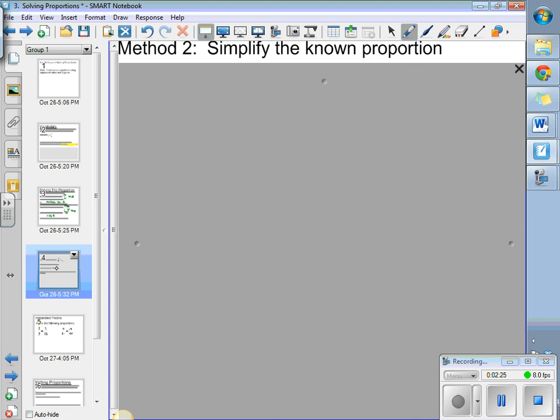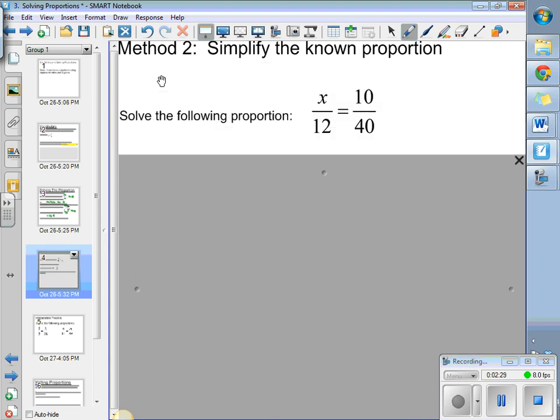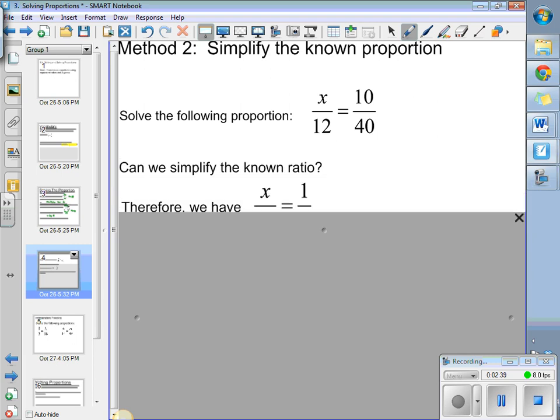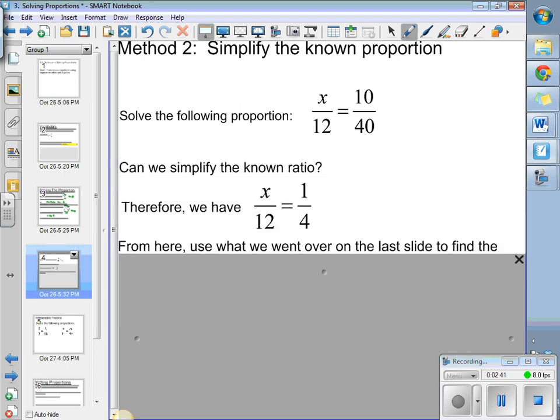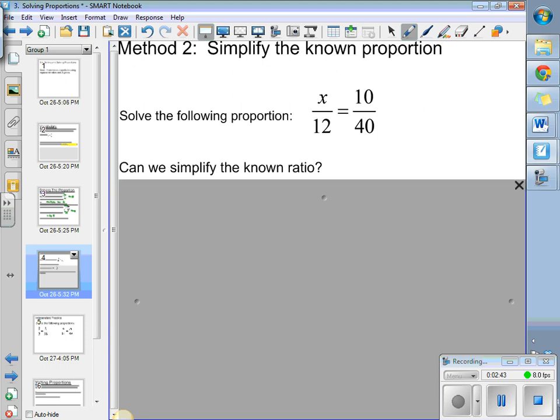Method 2. Simplify the known proportion. Okay, so to solve this proportion, x over 12 equals 10 over 40. So, the known ratio, we simplify our known ratio, 10 over 40 is 1 over 4.